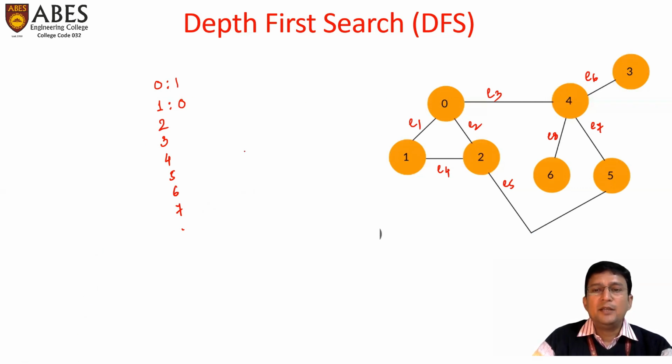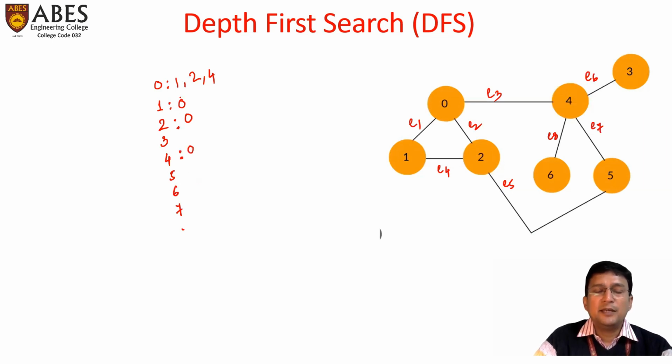Now I'm taking the E2 edge, which has the endpoints 0 to 2. So there will be a connection from 0 to 2 and a connection from 2 to 0. Similarly, if I am picking the edge 0 to 4, then there will be a connection from 0 to 4 and a connection from 4 to 0 as well.